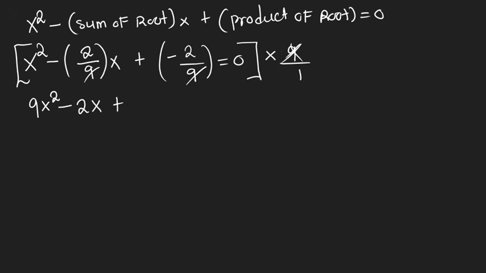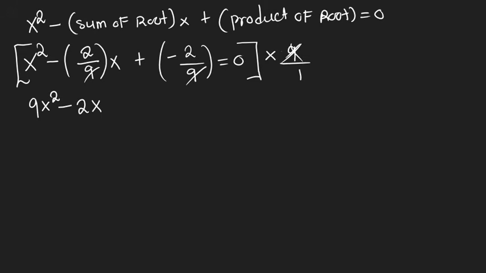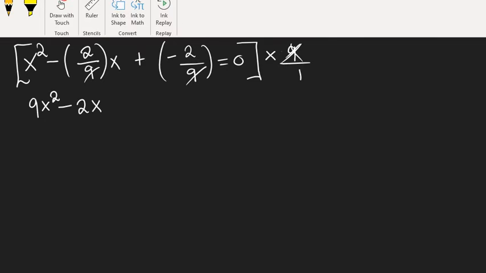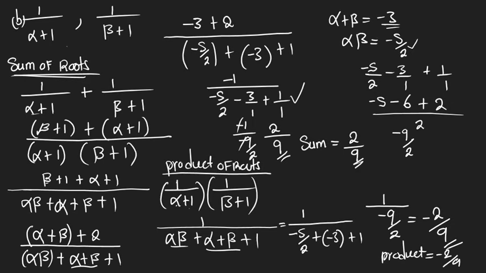We're going to remain with this. This is going to be a minus 2. 9 multiplied by 0 becomes 0. And that is how you formulate the new equation. You can use this particular concept for all the other questions which come like this, and you'll be able to get the answer.